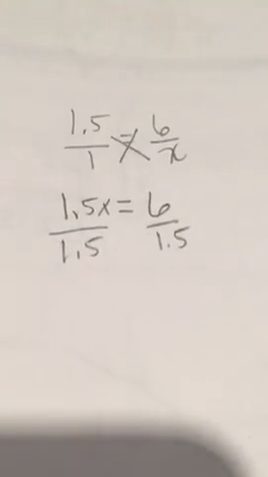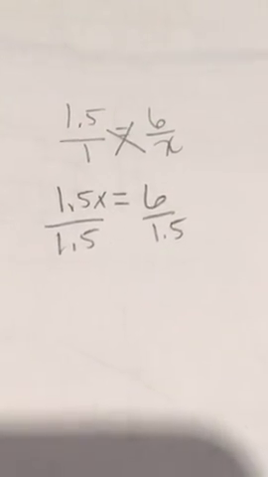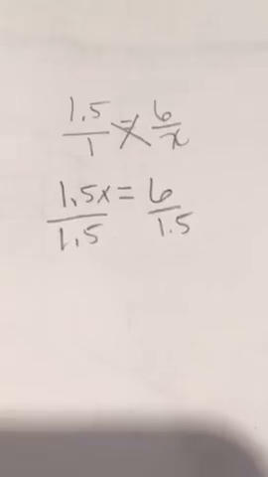So we had 1.5 over 1 equals 6 over x. So if we cross multiply, you're going to have 1.5x equals 6. You're going to divide both sides by 1.5. There's an awful lot of people who are going to need to get a calculator for this.